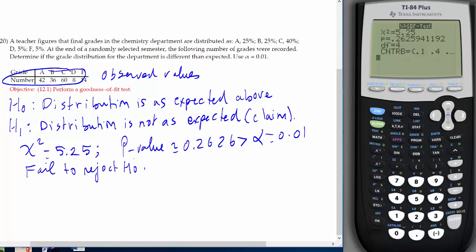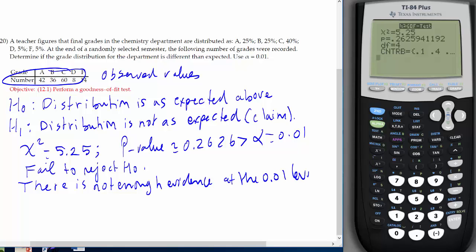The conclusion: there is not enough evidence at the 0.01 level of significance to conclude that the distribution is not as expected.